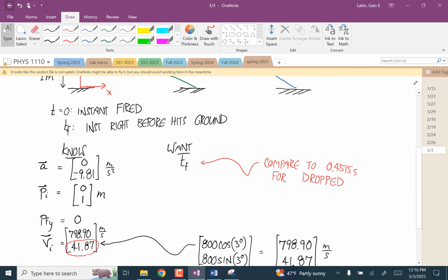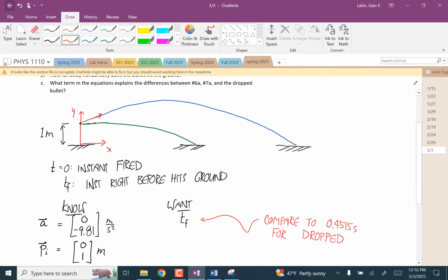And then let's figure out how far away it hits the ground. You can see from this picture, and you kind of have a sense, like if you're trying to throw a ball as far as you can, you don't throw it horizontally, you throw it up a little bit, and it's the same effect with a bullet.